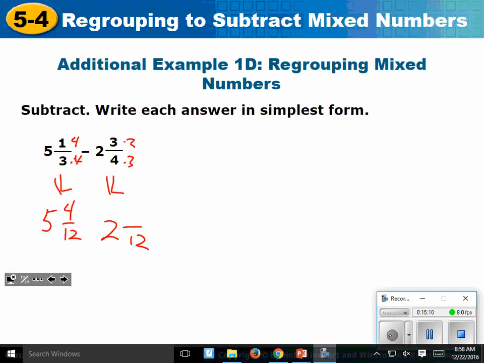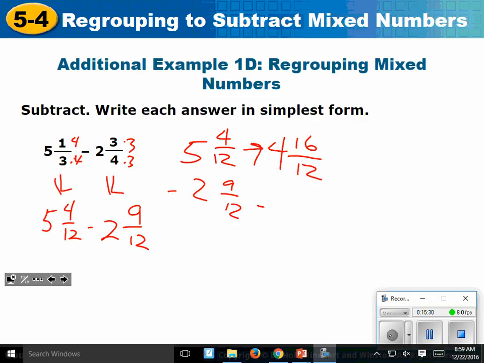Multiply by 3 here, by 3 here, you get a 9. Now we got a regrouping problem. 5 and 4 twelfths minus 2 and 9 twelfths. Convert that 5, rip it apart, make it a 4 and 12 twelfths plus the 4 twelfths, make it a 4 and 16 twelfths minus 2 and 9 twelfths. 16 minus 9 is 7 twelfths. 4 minus 2 is 2.